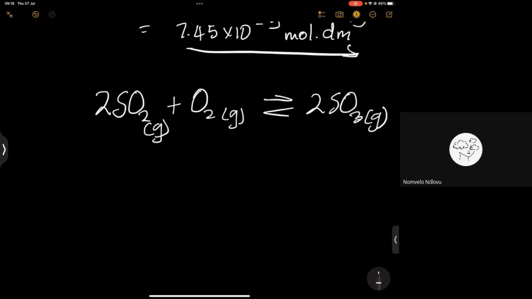For argument's sake, we've got 4.5 moles of sulfur dioxide placed, okay, let's say.